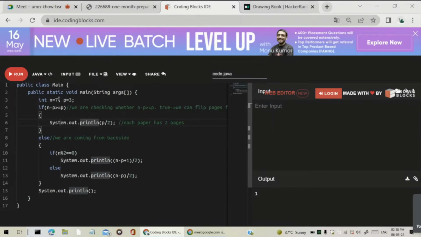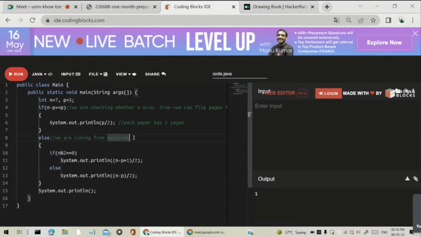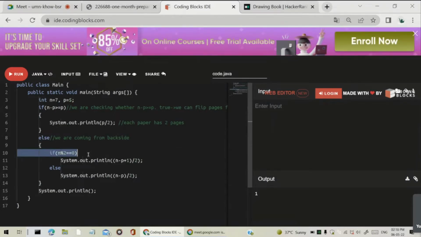Suppose we have page number 5, so 7 minus 5, which means 2, right? Is 2 greater than or equal to 5? No, the condition is false, right? So it comes to the else statement, and in that else we have an if condition. If n mod 2 equals 0, it is checking whether n is even or odd.